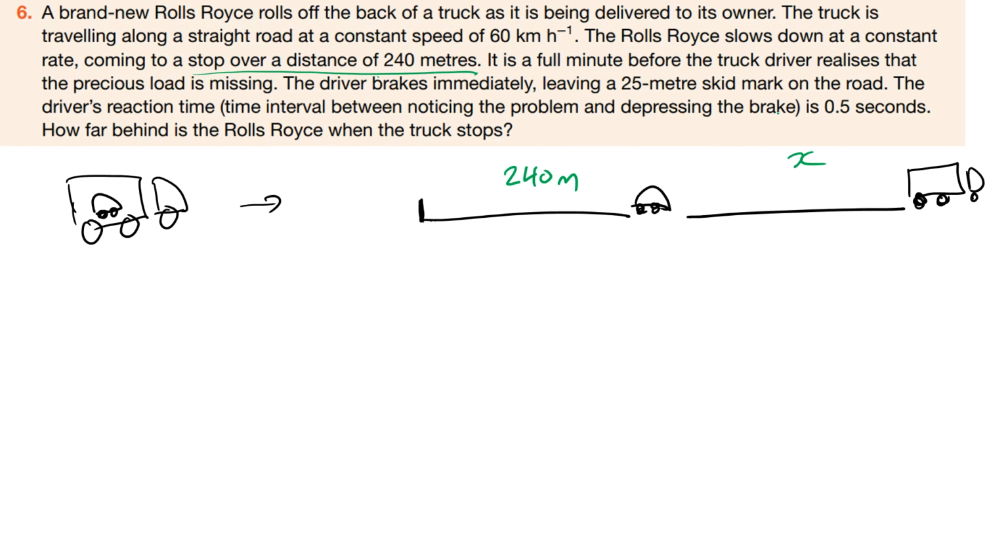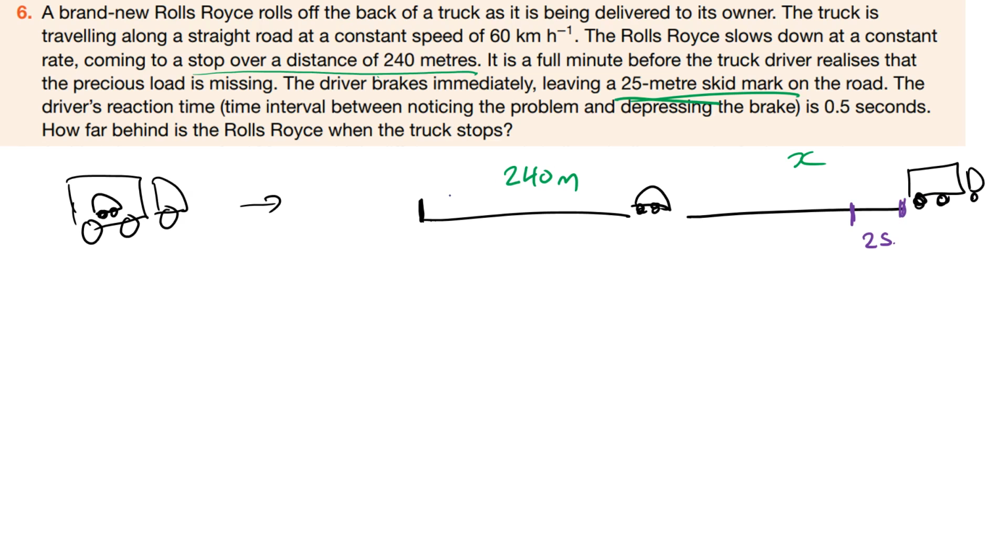Now, to find the distance of the truck, we need to know how far the truck went. So we know that the truck spent the last 25 meters coming to a stop. So we know that there is at least 25 meters here where it's coming to a stop.